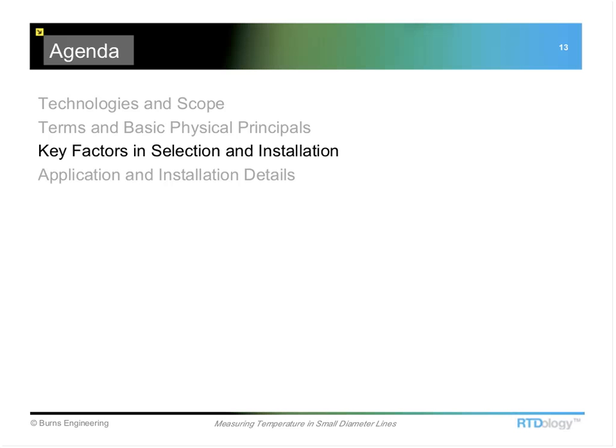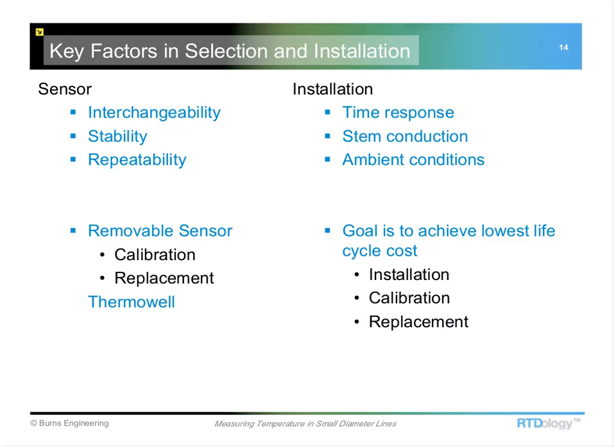Next up, I want to talk about some of the key factors for probe selection and the installation. And I've got these divided into kind of 4 categories here. The sensor, and there we have the interchangeability to take into consideration, the stability and repeatability of the probe. And as we saw earlier in our little example, we want the best accuracy and repeatability that we can get out of the particular sensor.